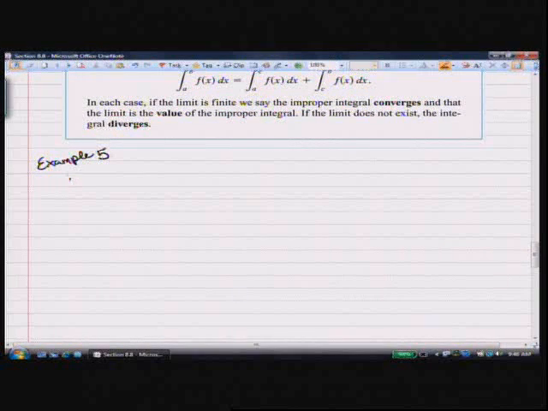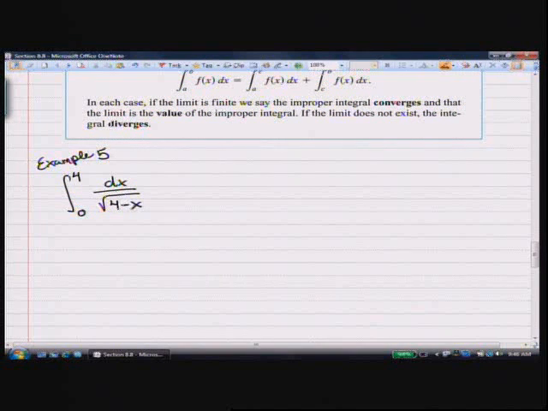Let's look at the integral from 0 to 4 of dx over the square root of 4 minus x. So when you look at this one, you're probably saying to yourself, well, it doesn't have an infinite limit, but it does actually have a problem because it's not defined at 4. The domain of the function does not include 4, because if you put 4 in there, you're going to get 0 in the denominator, right?